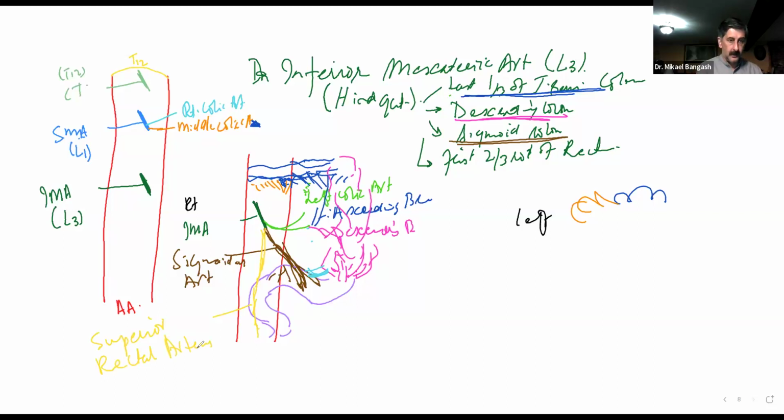It's just supplying blood to that last part of the hindgut, which is going to be the first 2/3 of the rectum.